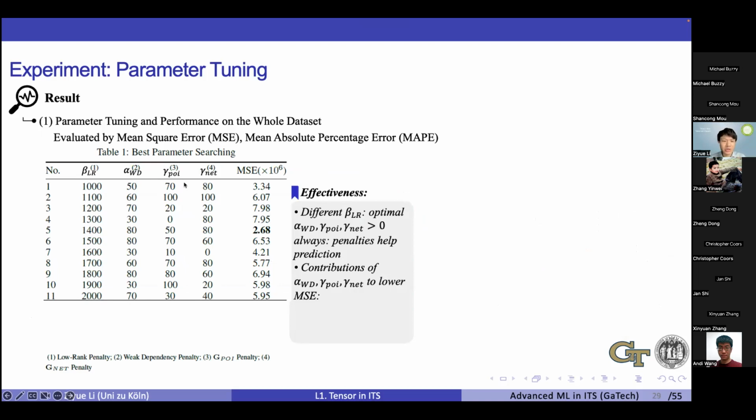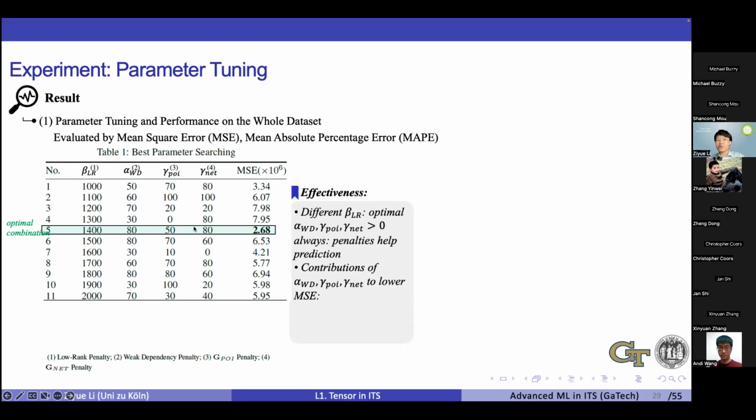So how do we tune the parameters? We basically use grid search, where we fix different low rank penalties and search for the best of the rest 3. So this is the best one we can find. Now another question: this is our design, weak dependence and 2 graphs.